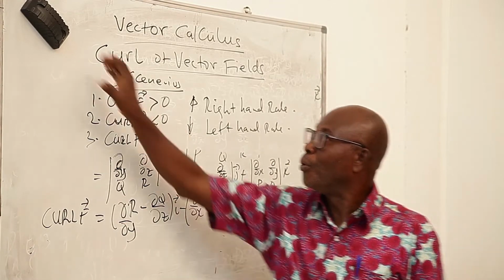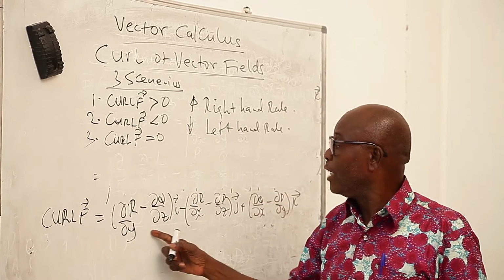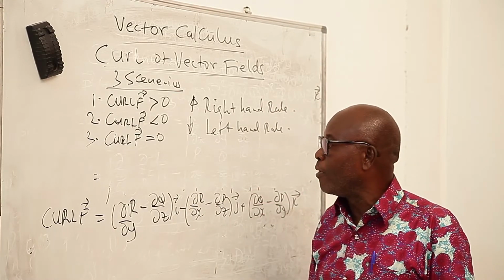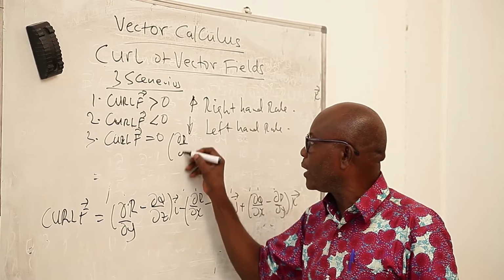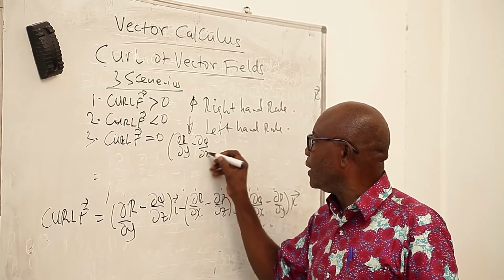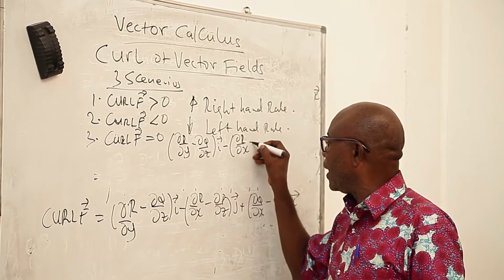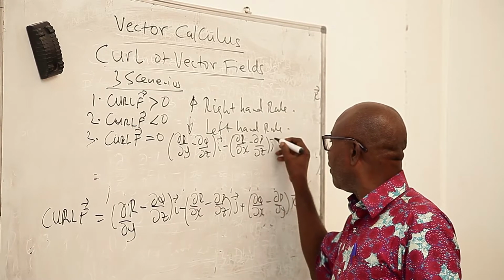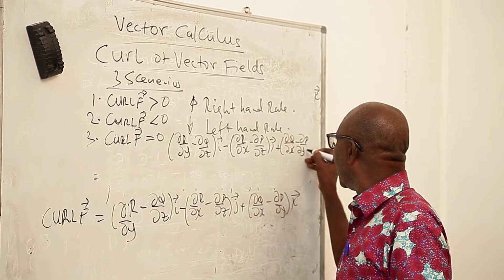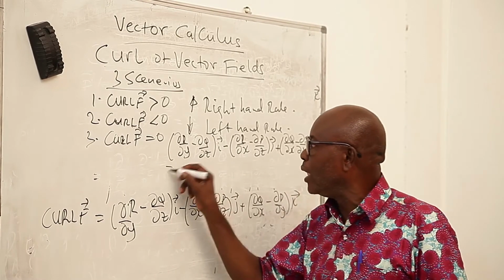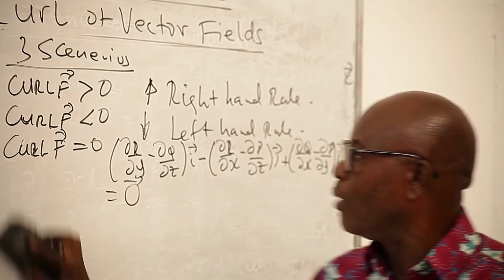When the curl is 0, what does it mean? It means that this expression equals the zero vector. So partial R partial y minus partial Q partial z in the I direction, minus partial R partial x minus partial P partial z in the J direction, plus partial Q partial x minus partial P partial y in the K direction, is equal to the zero vector.